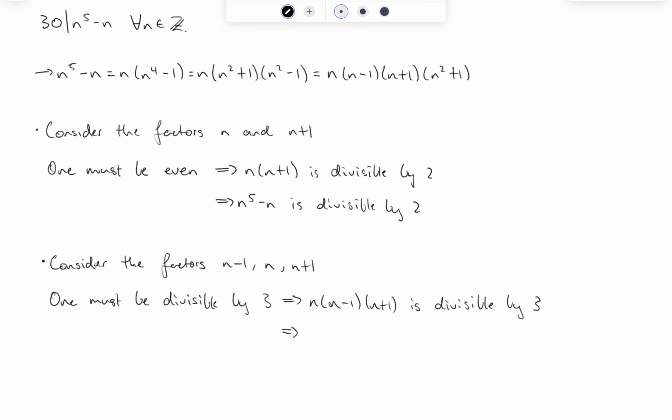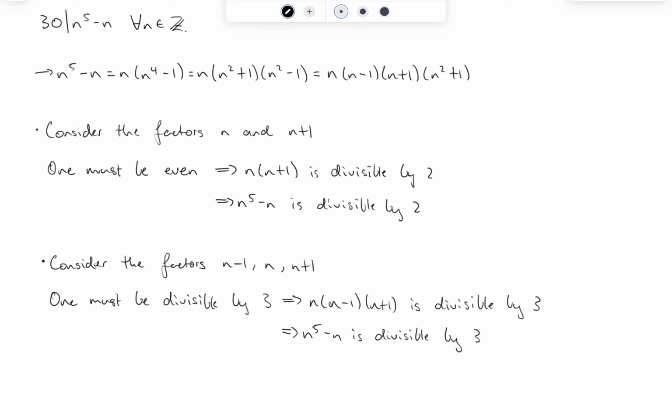Which implies that the whole expression of n to the 5 minus n is also divisible by 3. Okay. So this bit shows divisibility of 2, divisibility of 3.